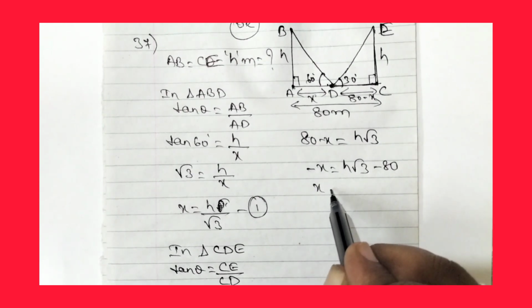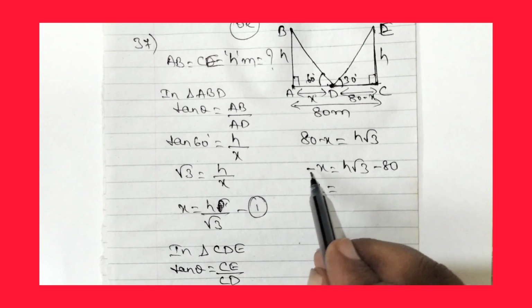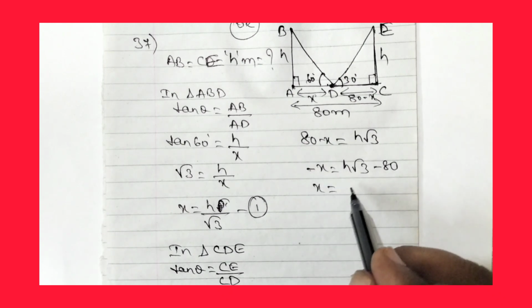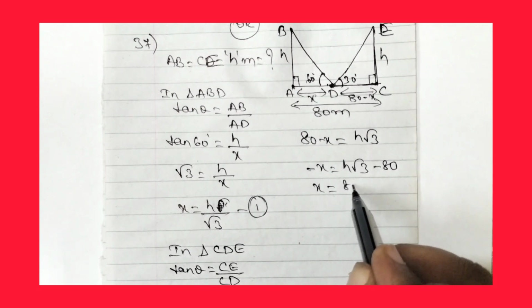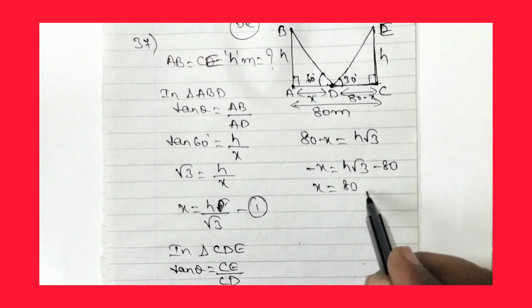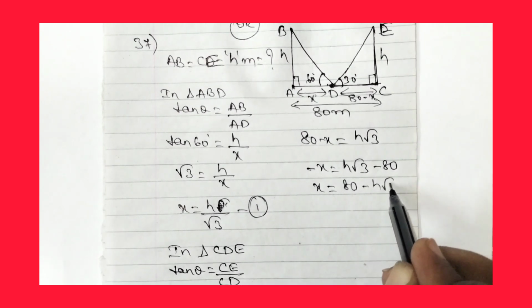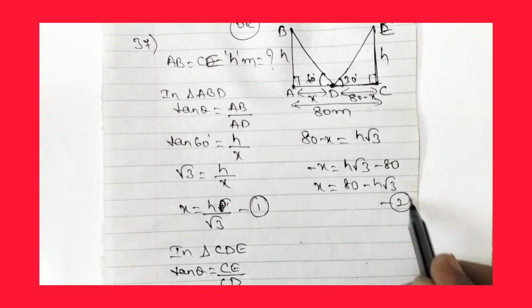So x is equal to, multiply everything by minus, minus into minus is plus, so minus 80 become plus 80, then plus h root 3 become minus h root 3. You call this as 2.